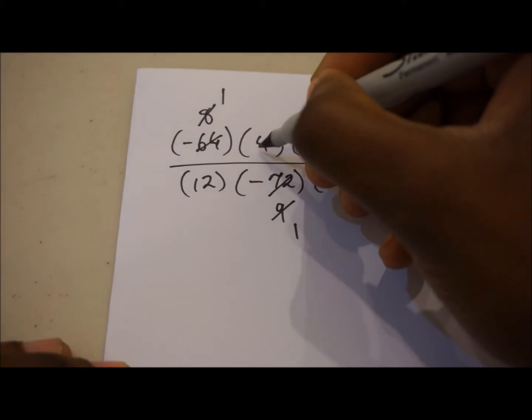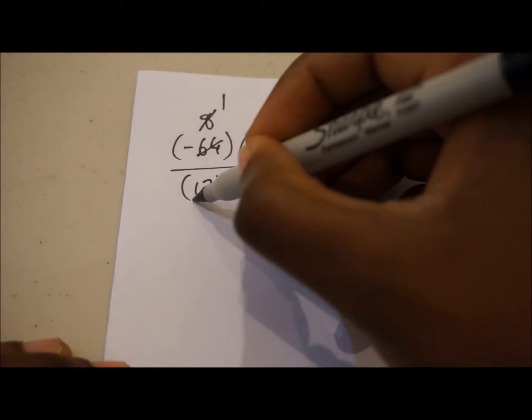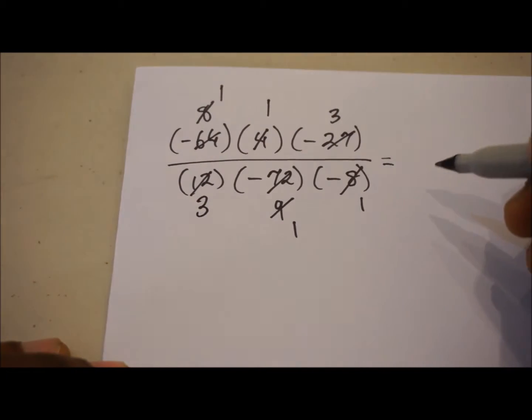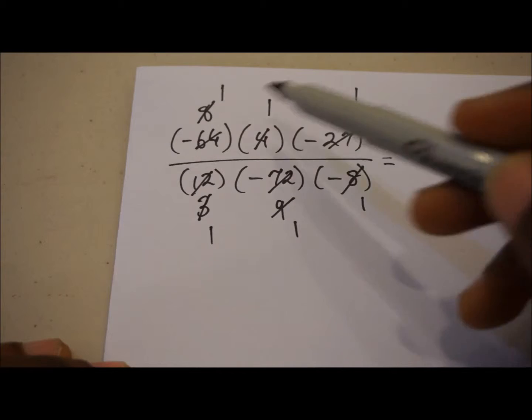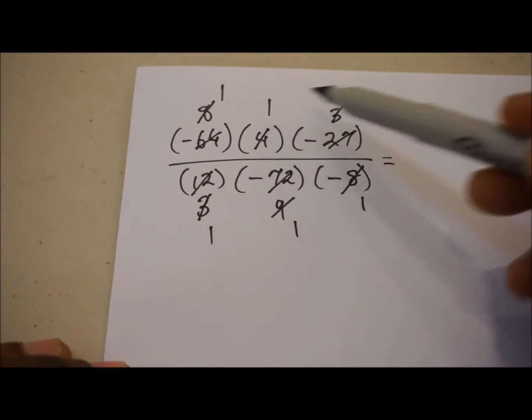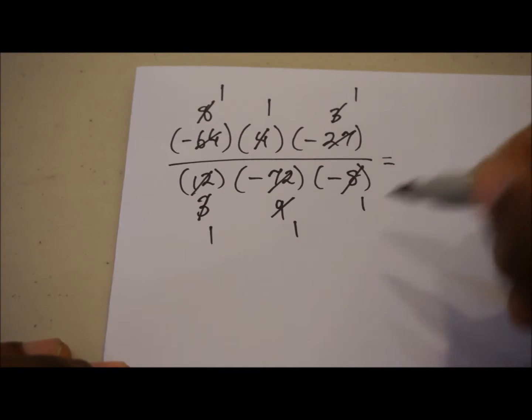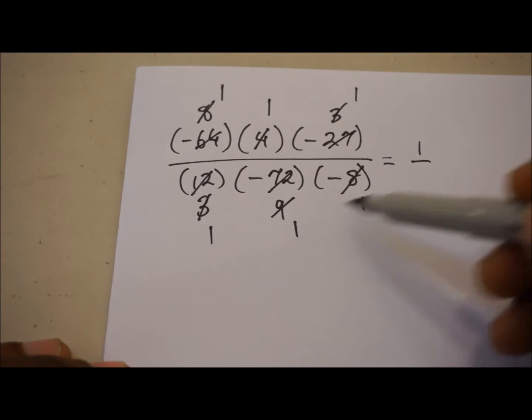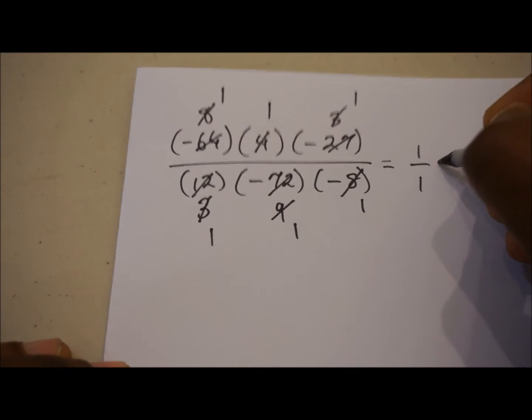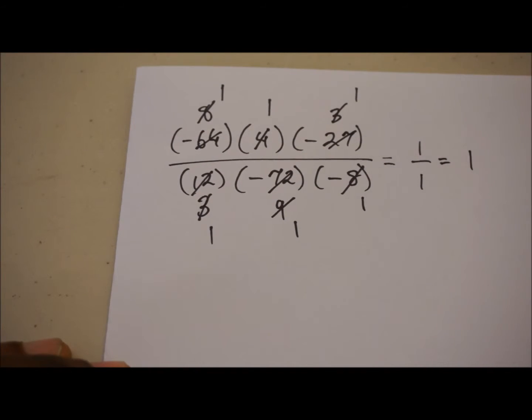Then I would have 4 into 4 goes once, 4 into 12 goes 3 times. And then 3 into 3 goes once, and 3 into 3 goes once. Now my top numbers are a 1 multiplied by a 1 multiplied by a 1, therefore I get a 1 here as my numerator, and then a 1 multiplied by a 1 multiplied by a 1 gives me a 1 here, so my final answer is simply 1.